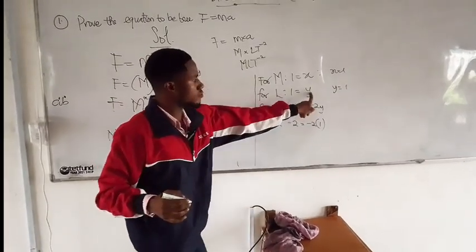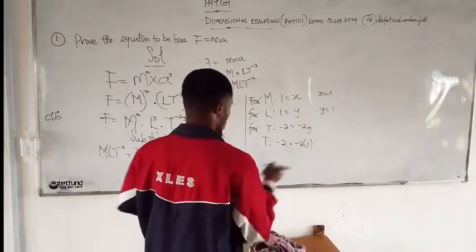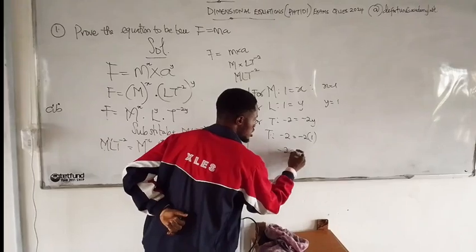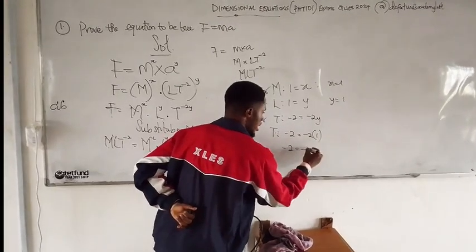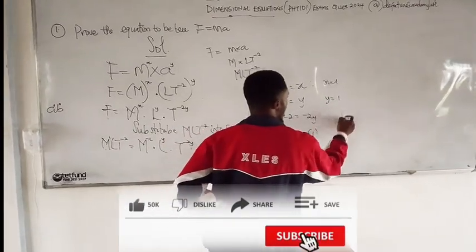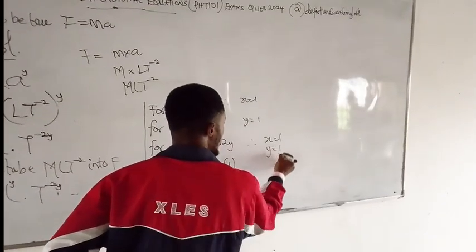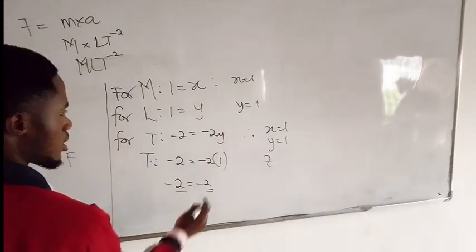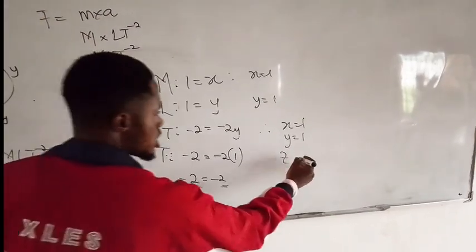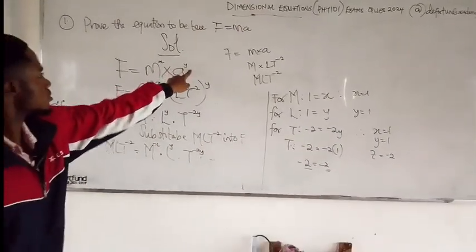That is 1 from this. It's just like when you're solving substitution method. So I have this is equals to minus 2 times 1 will give me minus 2, showing you that they are the same. So therefore, X is equals to 1, Y is equals to 1, Z, which is this, is equals to minus 2.